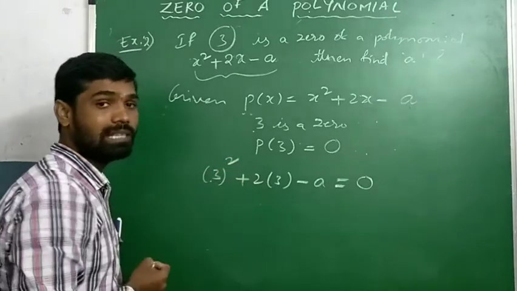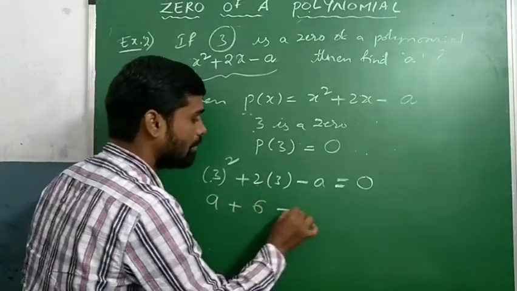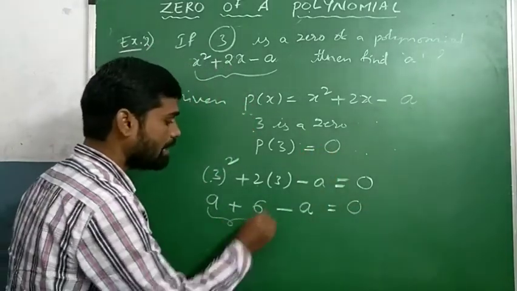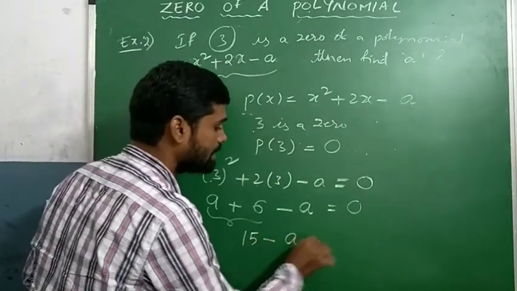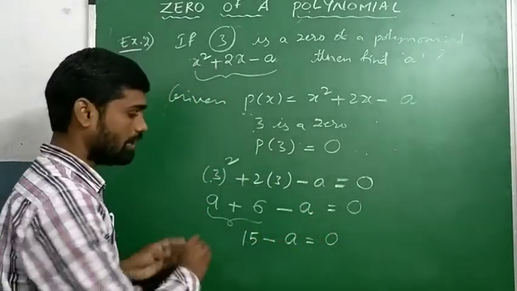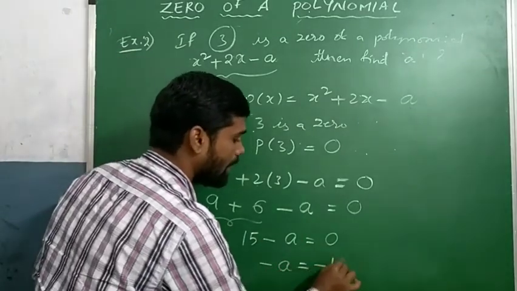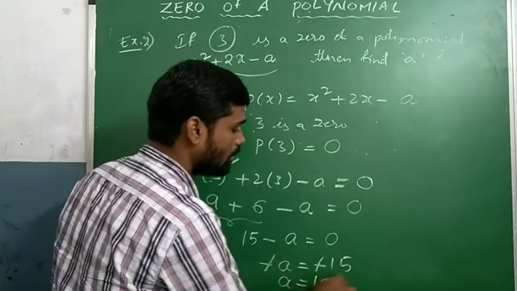So 3 square, 3 threes are 9, plus 2 threes are 6, minus a is equal to 0. So 9 plus 6 is equal to 15, and minus a is equal to 0. Let me transpose 15 to that side, plus 15 will become minus 15. So minus minus cancel, so a is equal to 15.